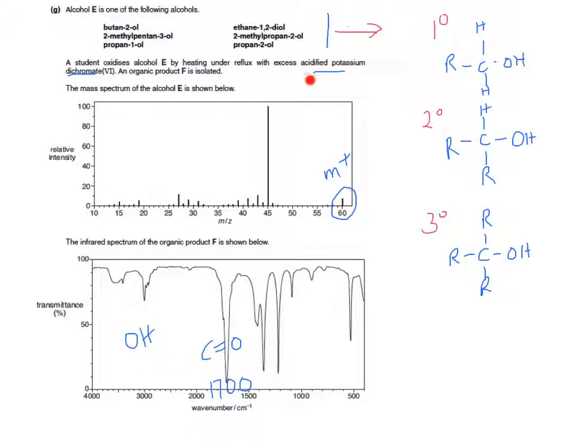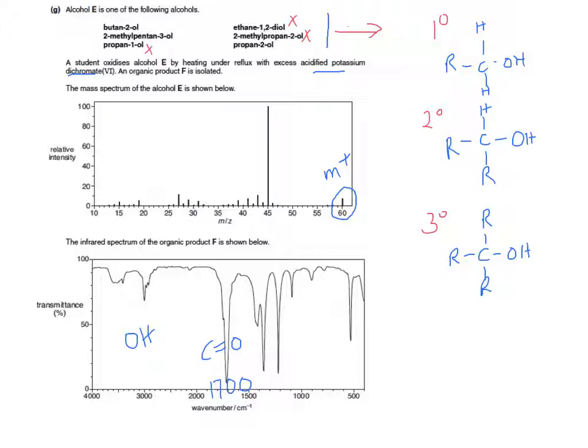Looking at this piece of information first, we can eliminate any tertiary alcohols because they are not oxidized. We can also eliminate any primary alcohols. They would be oxidized, but they would give carboxylic acids, so we'd expect to see a peak here and a peak here for the OH group in the carboxylic acid.